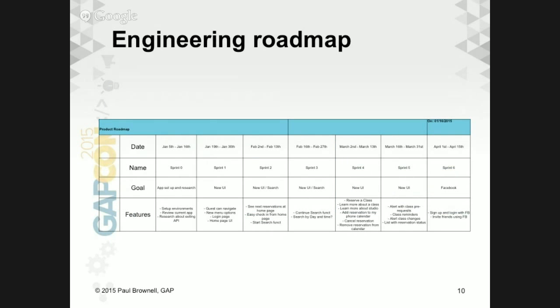On the engineering side, the roadmap, that's hard to read. The roadmap turns into something like this. What this describes is each of these vertical columns is a sprint. And then in the sprint goal, it identifies the basic theme that's going to be fulfilled in that sprint.